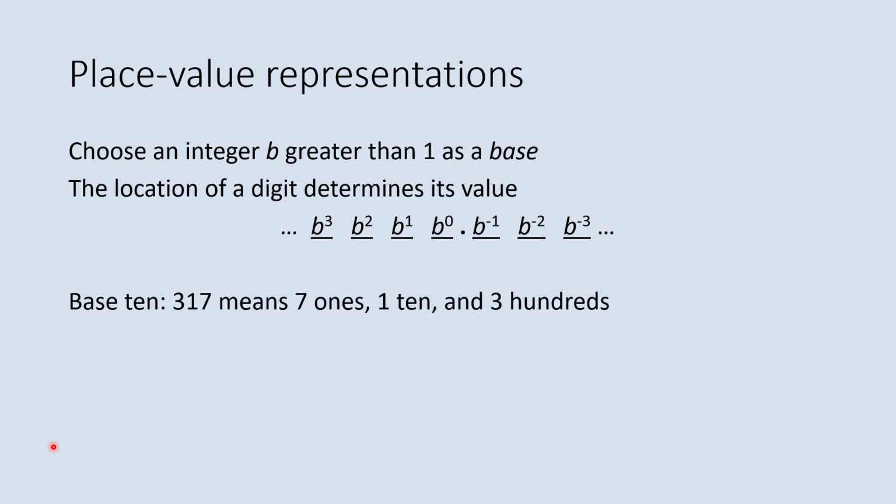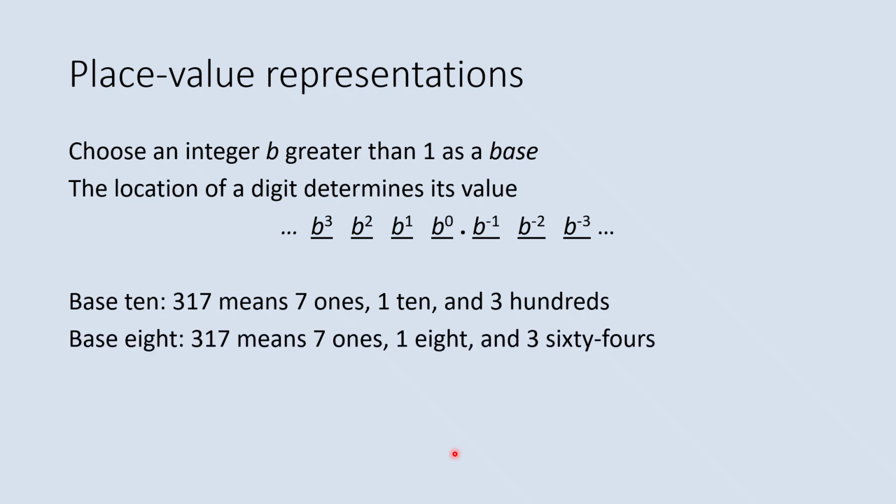So in base 10, a number that's written with 317, we read that as 317. It means that from right to left, we have 7 ones, 1 10, and 3 hundreds. If we had a different base, say base 8, then the rightmost position is still the ones place, so that still means 7 ones.